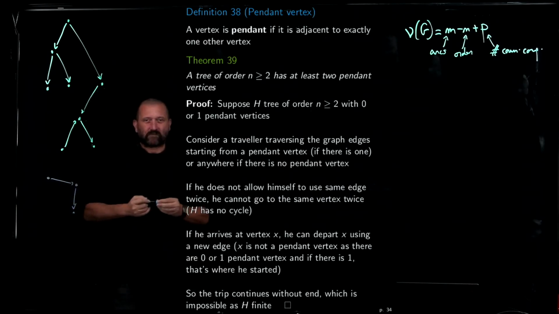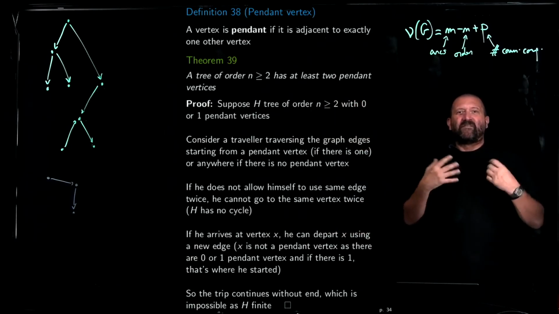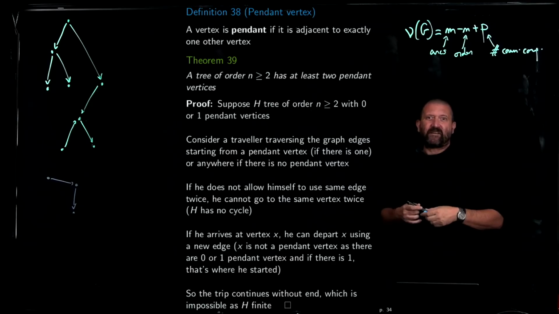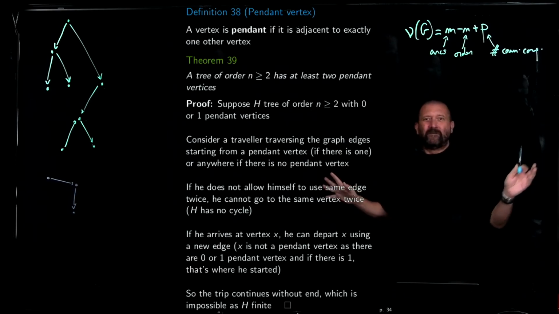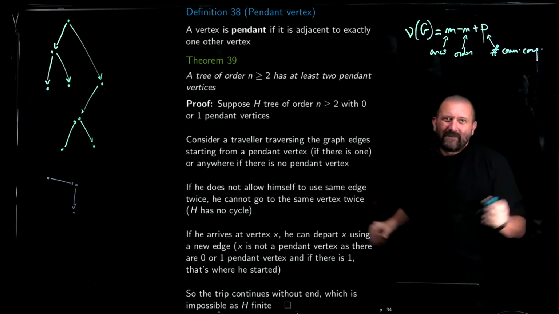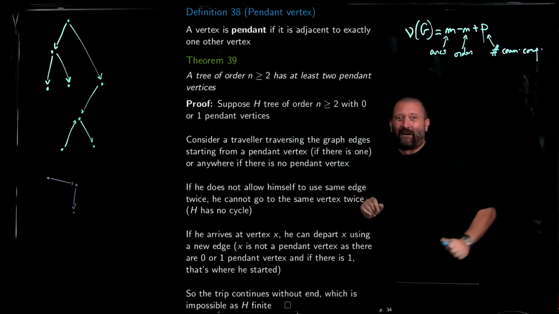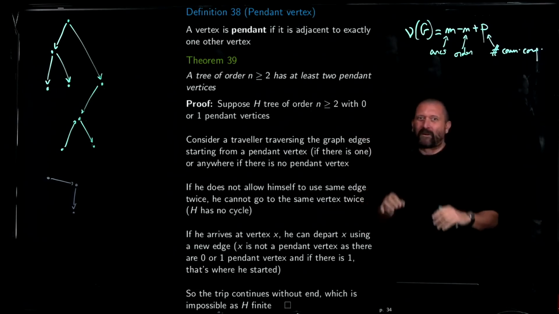Okay, so the way we do it is, suppose that I have a tree of order n greater than or equal to 2, so I have at least 3 vertices, and I have only 0 or 1 pendant vertex. Suppose I'm a traveler walking along the graph, not following the arrows, I'm just walking along.